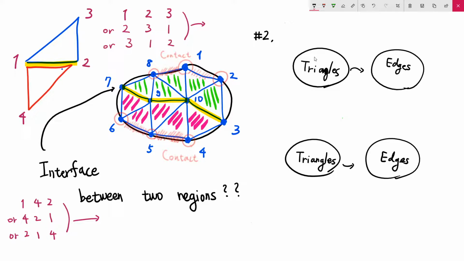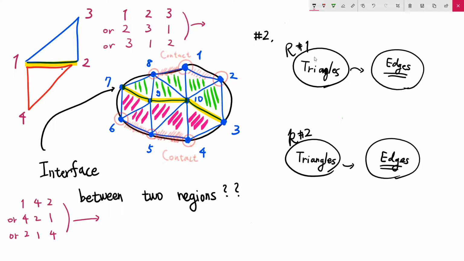You can extract the edge information, or edges, inside your region. So this is region number 1, and this is region number 2, and you can extract the edge information. Of course, you can have many different triangles, and each triangle gives you 3 edges.